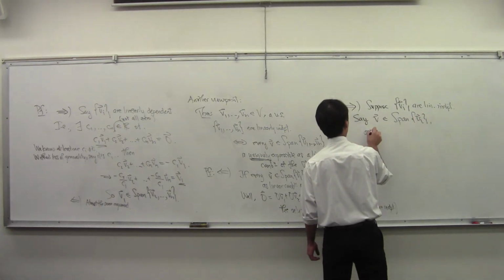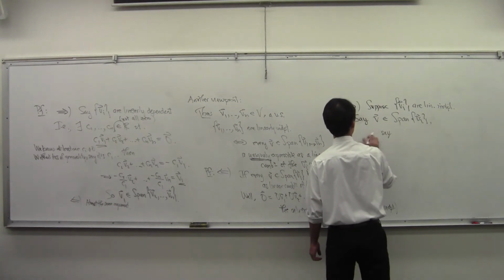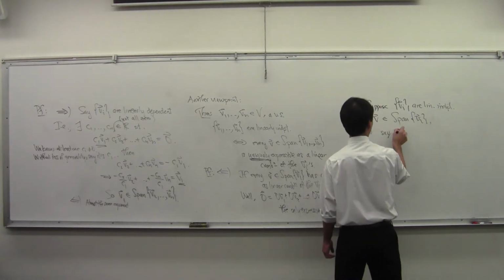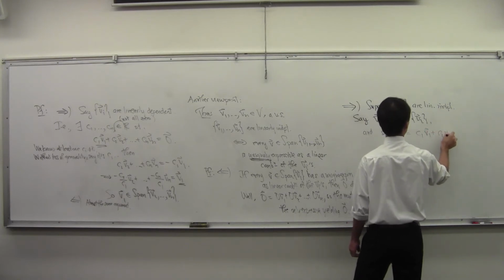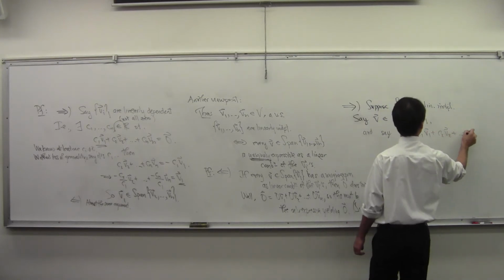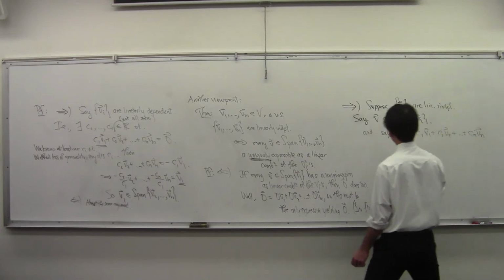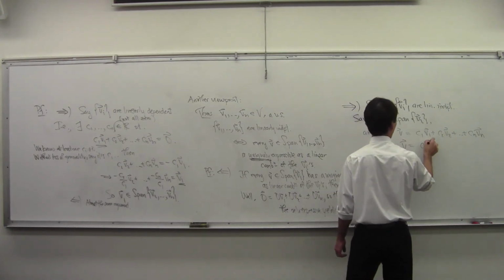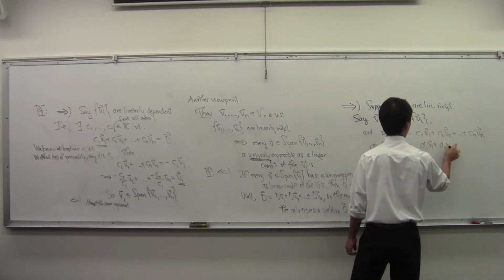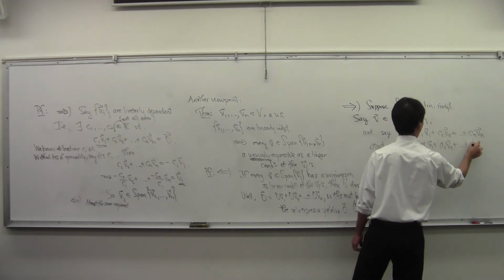And suppose that v can be written as c1v1 plus c2v2 plus cnvn, and v could also be written as d1v1 plus d2v2 plus dnvn.